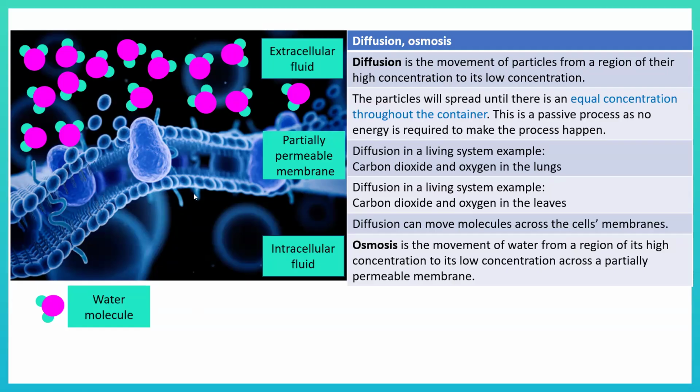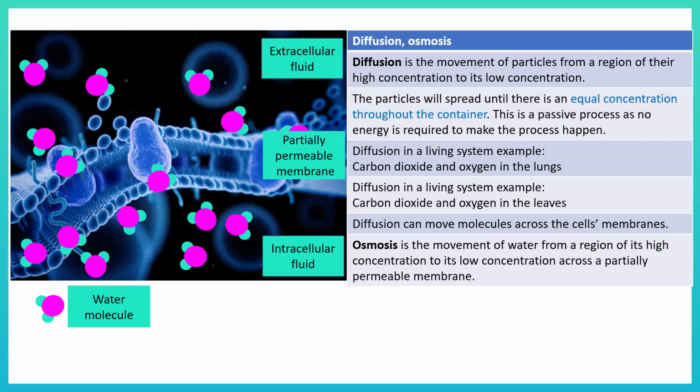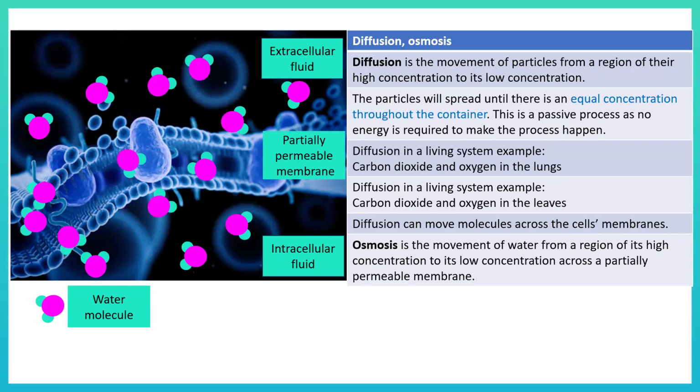And what you can see here is we've got a concentration gradient on the outside of our cell membrane. So we've got a high concentration of water outside the membrane. What's going to happen is it is going to move across the membrane. It will move back and forth in both directions.